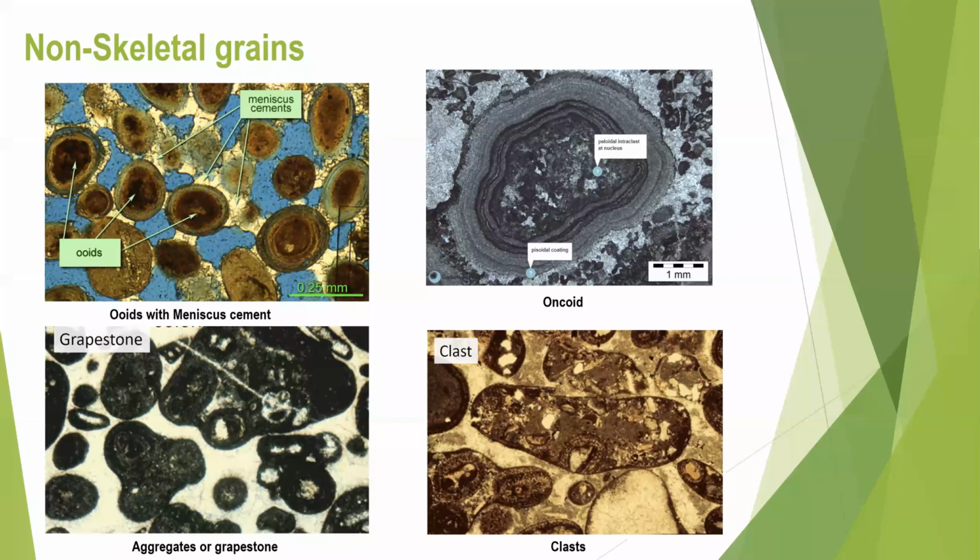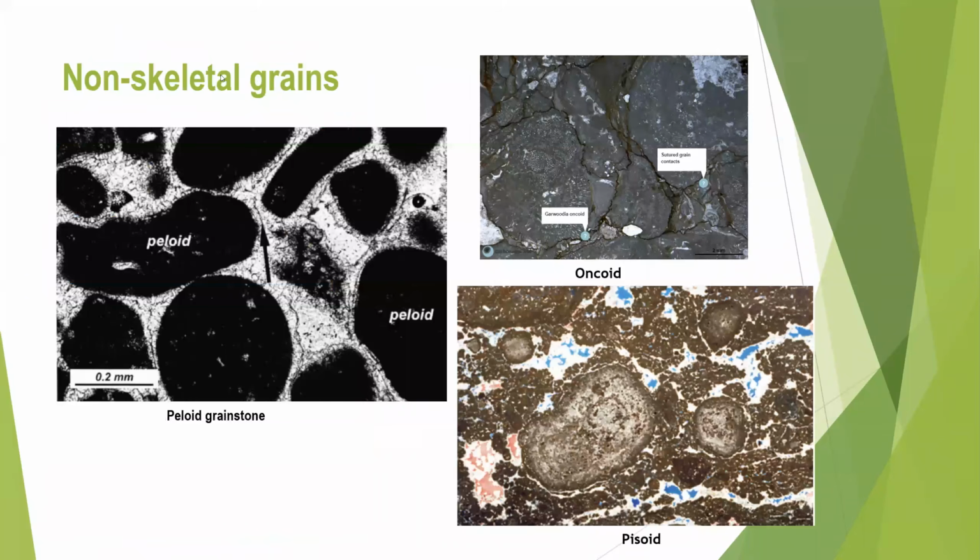For example, an intraclast grainstone shows a channel system for us. As a carbonate reservoir geologist, it's very important to find an area with high energy, because if we have a high energy environment, maybe we have some porosity and permeability.